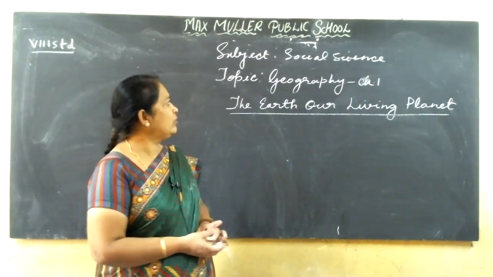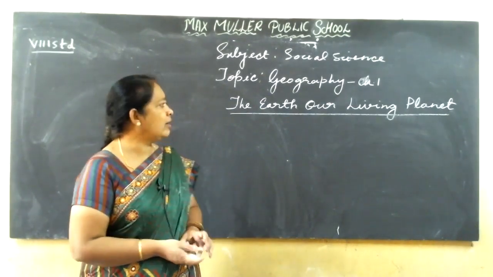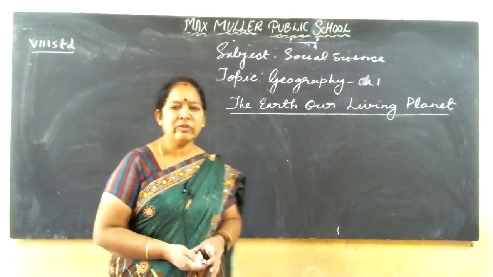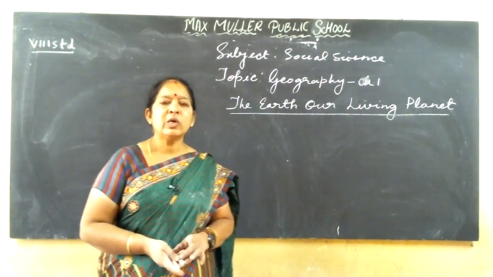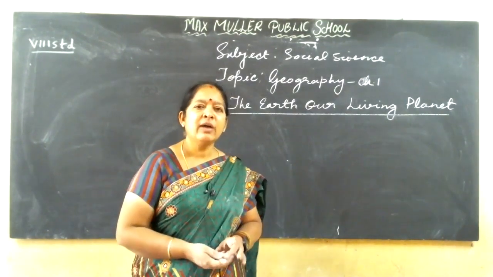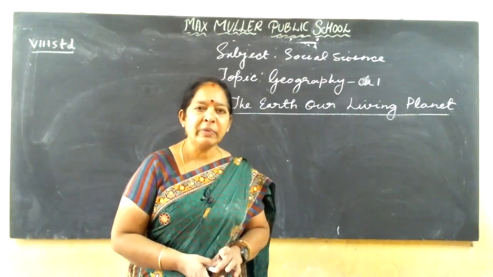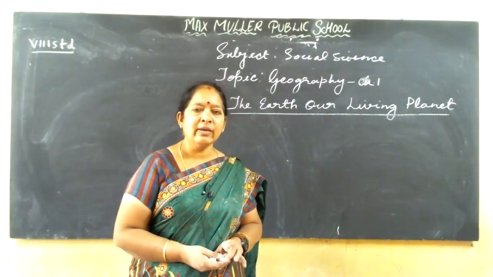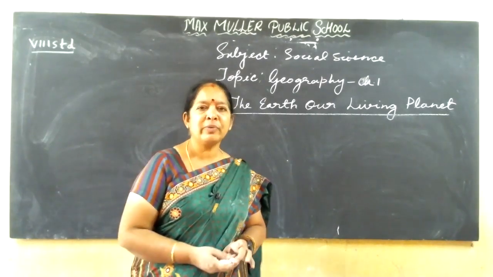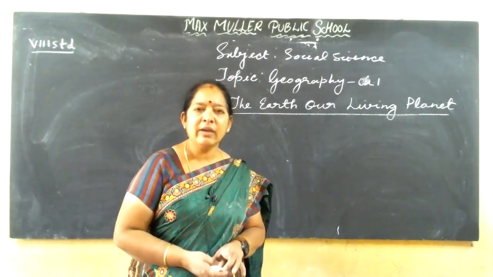So today I am going to take up geography, first unit, that is the Earth, our living planet, which is a continuation of that unit. I explained why Earth is called a living planet, and I also told you about the spheres, how we say the directions: northern hemisphere, southern hemisphere, eastern hemisphere and western hemisphere.